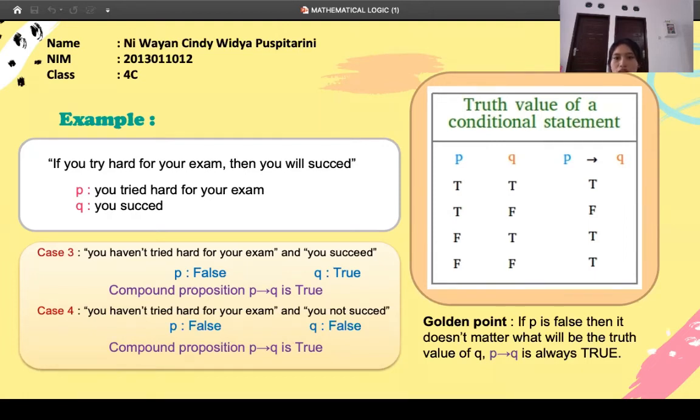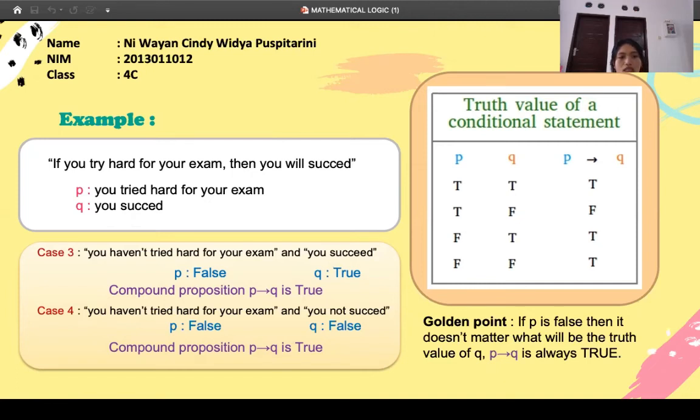We look again at the truth value of conditional statement. When P is false, Q is true, then P implies Q is true. So the compound proposition P implies Q is true.